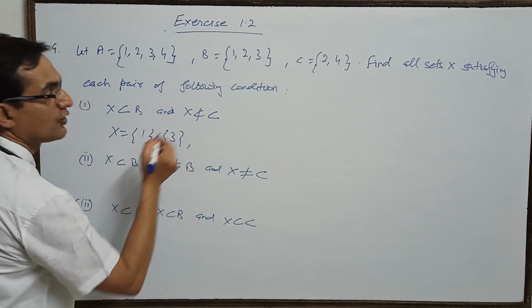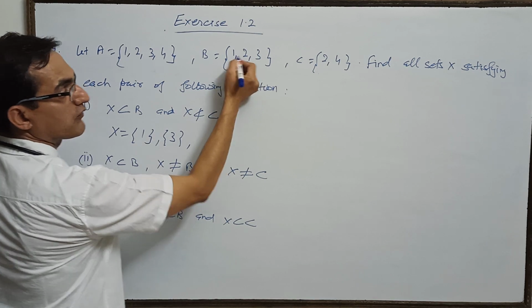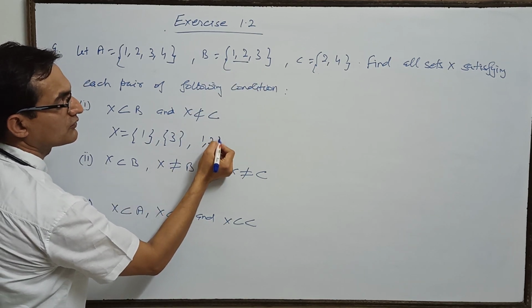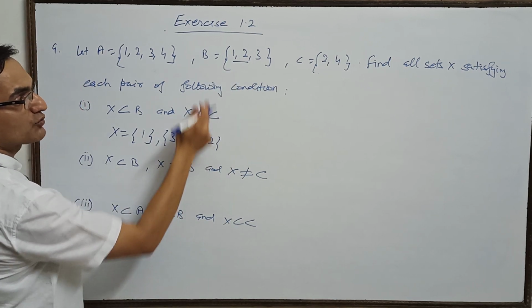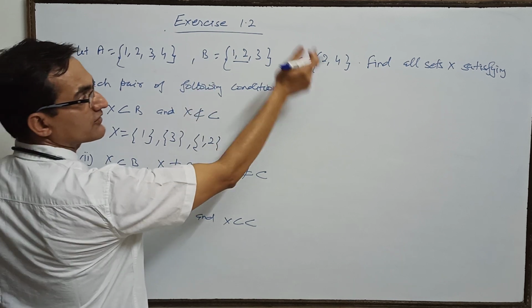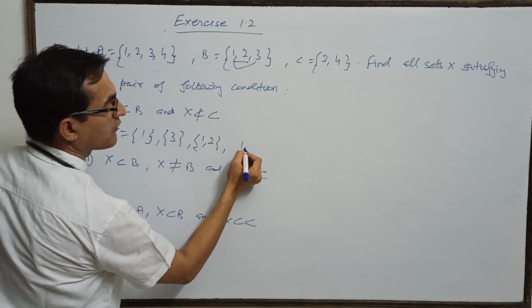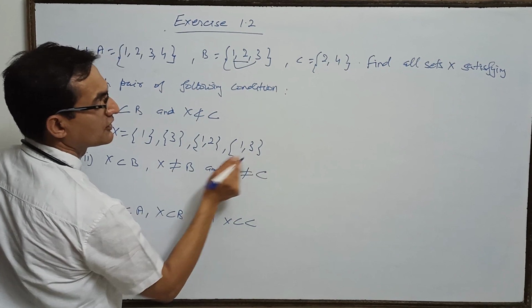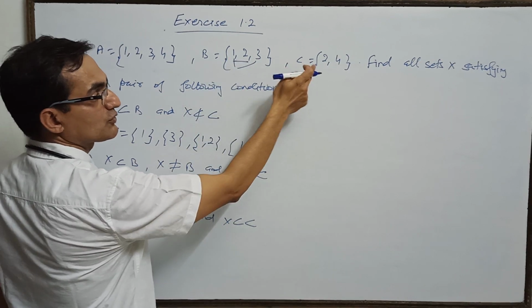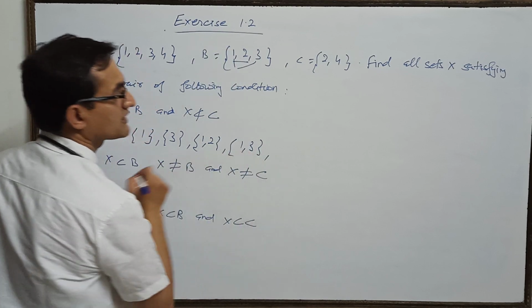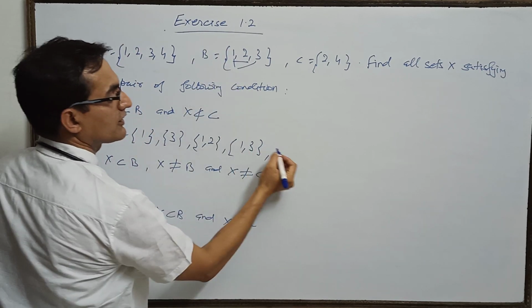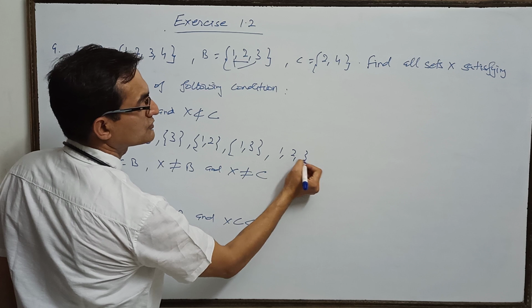What else can there be? 1, 2: this is a subset of B, and not a subset of C. Next, 1, 3: this is a subset of B but not a subset of C. What else? The set having elements 1, 2, 3.